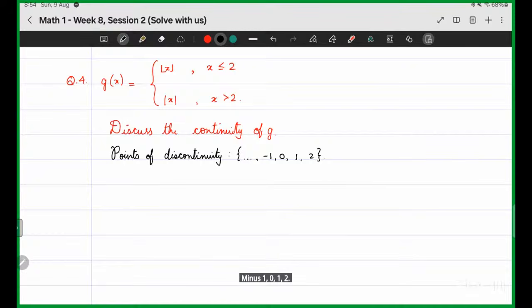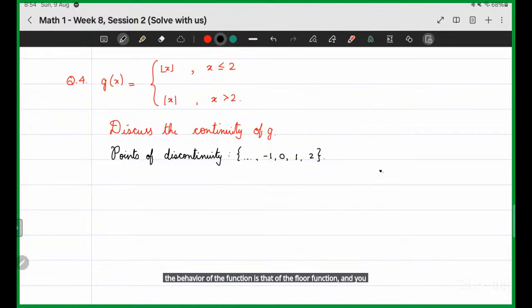Would this be fine? Every integer less than 2, undoubtedly, this is discontinuous. Why? Because there the behavior of the function is that of the floor function.